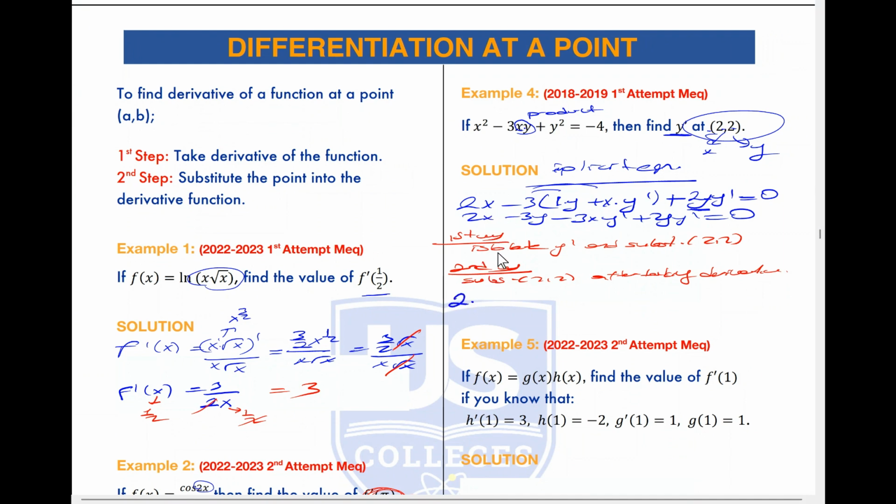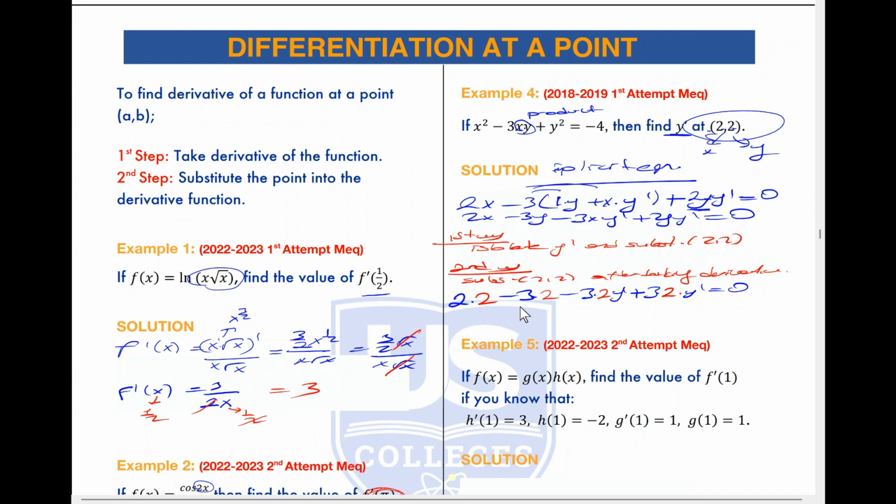2x, 2 multiplied by x, which is given as 2, minus 3y, 3 multiplied by y, which is given as 2, minus 3 multiplied by x, which is 2, multiplied by y prime, which is unknown, plus 2y, 2 multiplied by y, which is 2, times y prime, unknown, equals 0.